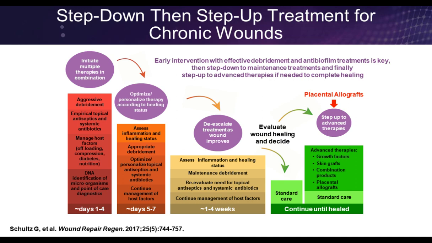But in patients that have other comorbidities like age or diabetes that would tend to reduce the rate of healing, you can then step up from standard care to use advanced therapies. And this is particularly important where the placental allografts can add extra stimulation to healing in those patients whose standard rate and progress on healing is not adequate and needs to be helped.